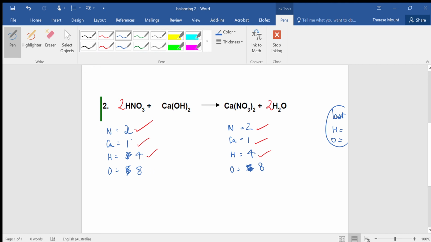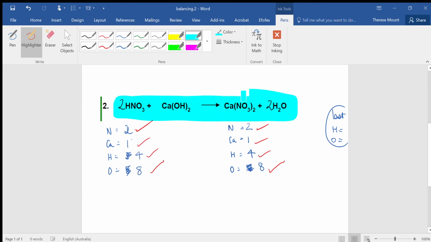So I actually have 8 oxygen and 8 oxygen. That's worked out perfectly. I've got the same number of atoms on this side as this side. So this is my finished answer, the balanced equation there.